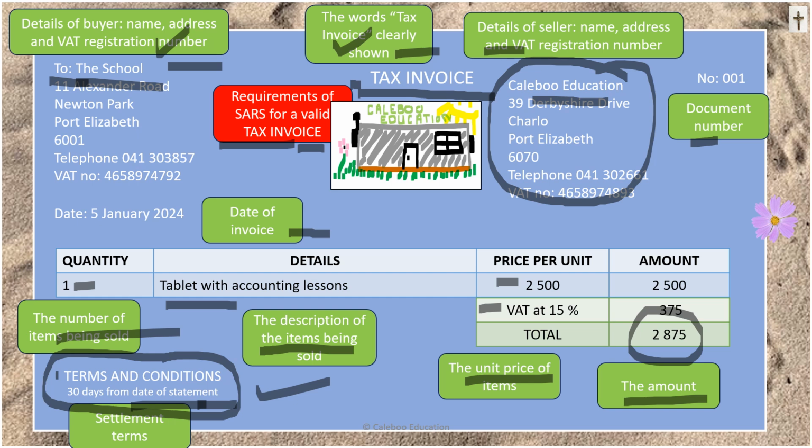That will all be on this document. And Calibre Education issues the original to the school, and Calibre Education will keep the duplicate invoice to record the credit sale in the debtors journal.